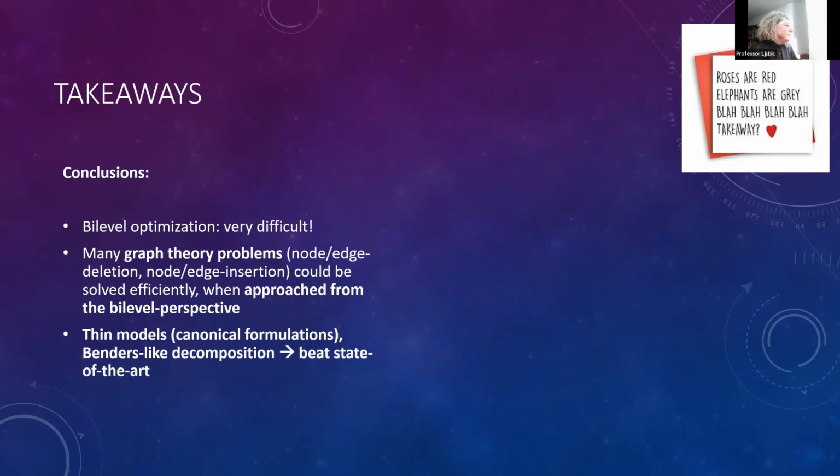But many problems from graph theory, when these lower level problems are especially linear programs or polynomial, can be efficiently approached from this perspective. And in particular, they can help us to develop what I call FIN models, which are canonical formulations in which you don't have to work in the extended space of variables, you work in the natural space of decision variables.